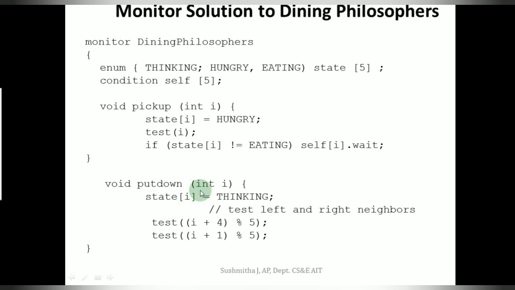The putdown procedure is very simple. Here, if the state of the philosopher is thinking, then he is going to release the chopsticks that he had acquired. So again we are calling the test.